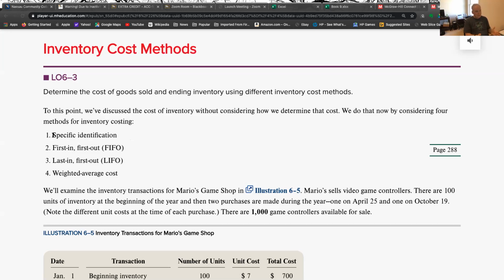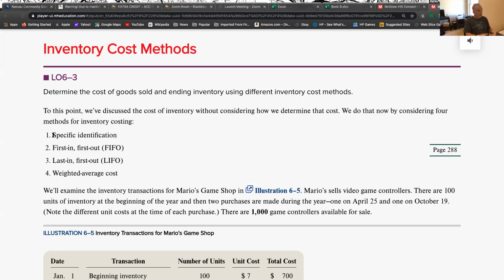If all I had was 30 desks, I could probably do that. But what if I had 300 desks, or 3,000 desks, or 3 million desks? Can I actually go to each desk and figure out how much each one cost me? It would take me a lifetime to figure that out.